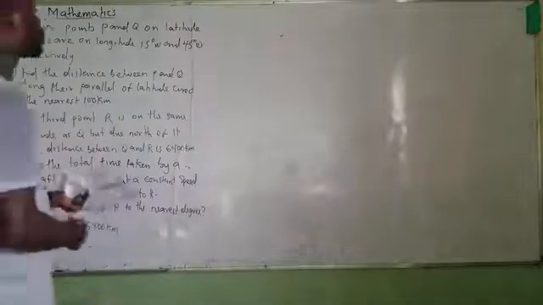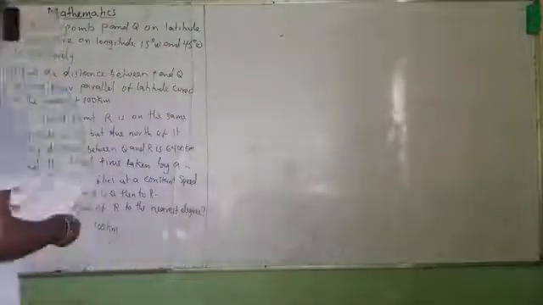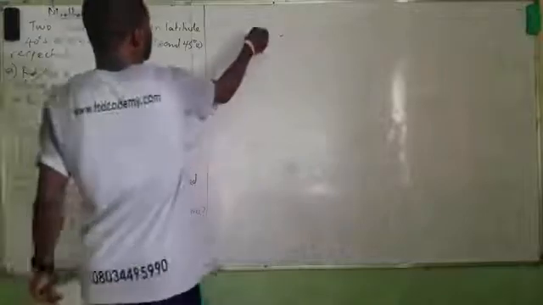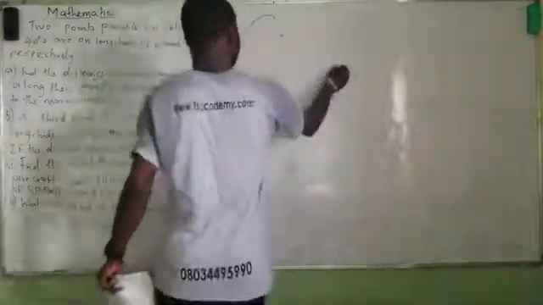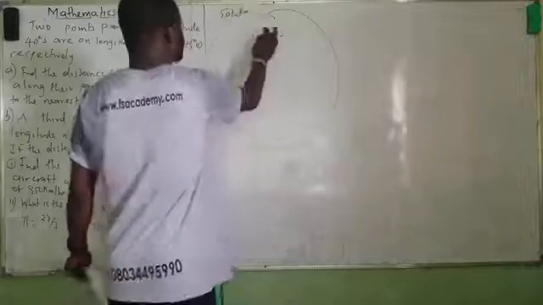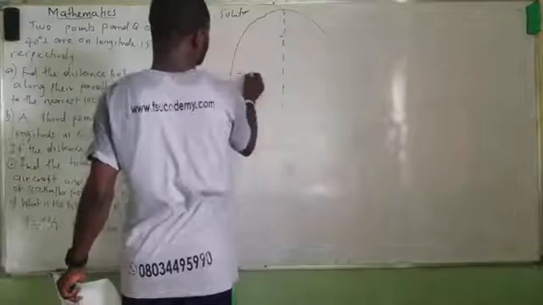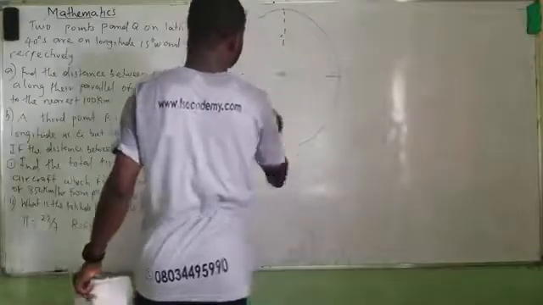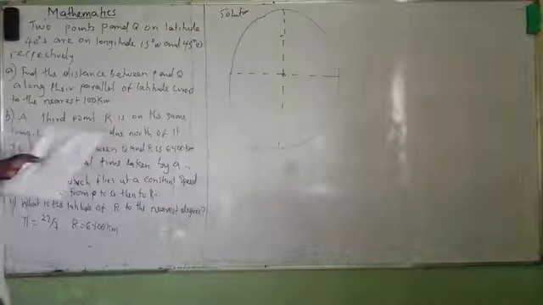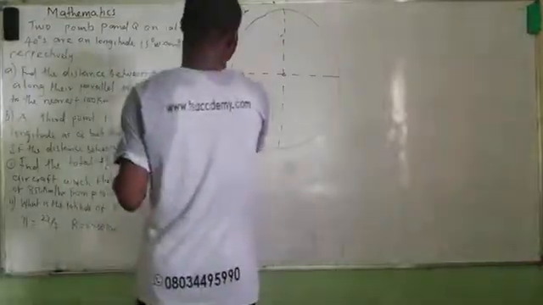Now, let's try to work on this question. This is a very nice question that can be given to us anywhere. I just want us to first draw the solution. That is very important. Also very important, the center. I'm drawing something like this.